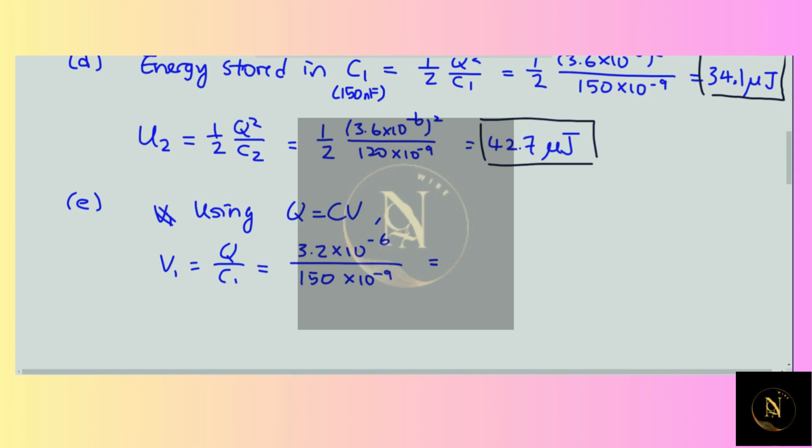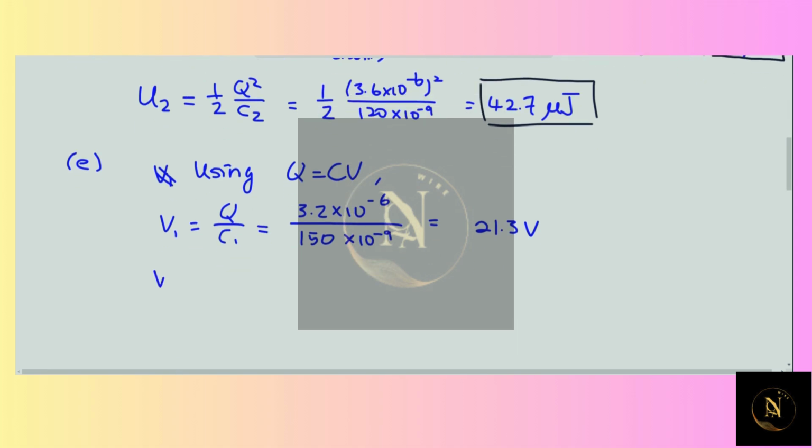Calculate this, you get 21.3 volts. And then V2 is Q over C2, 3.2 times 10 to the negative 6 divided by 120 times 10 to the negative 9.